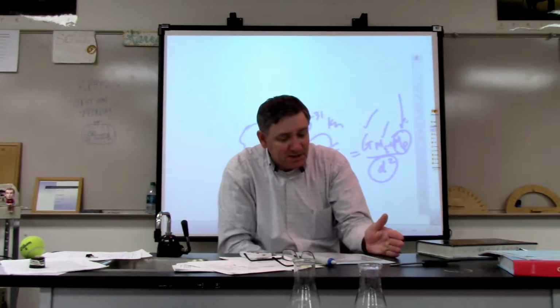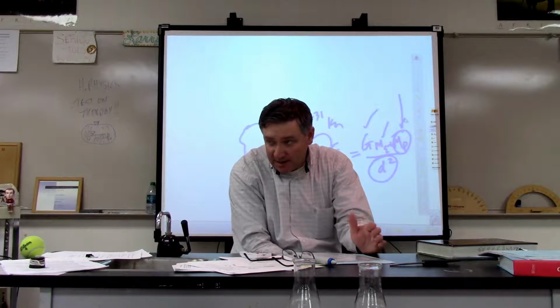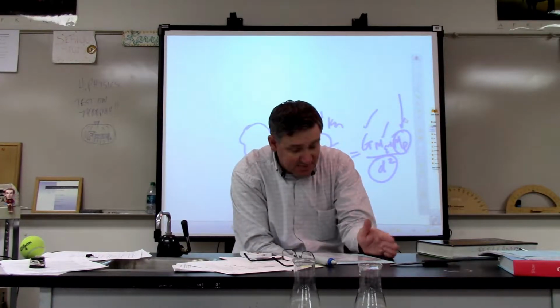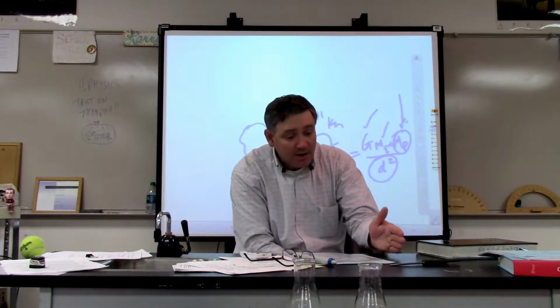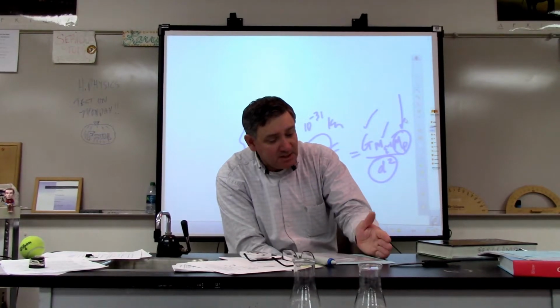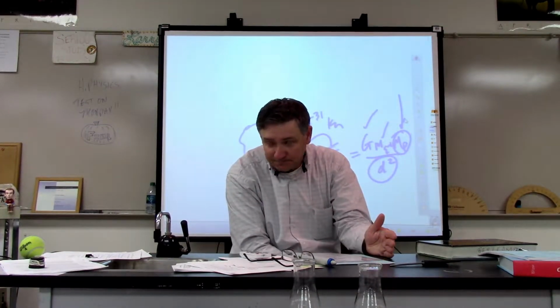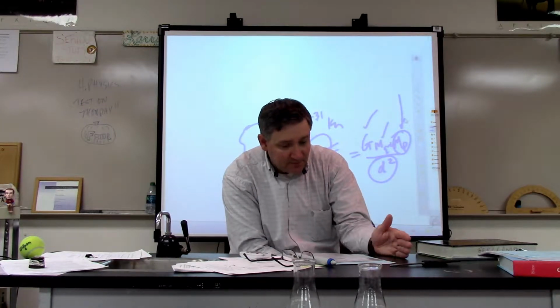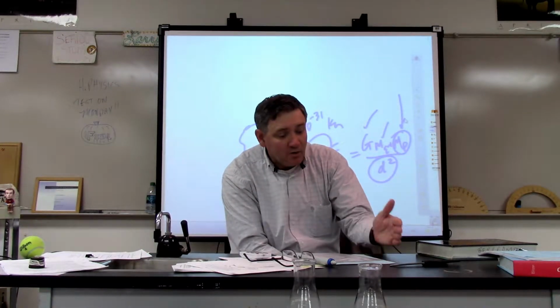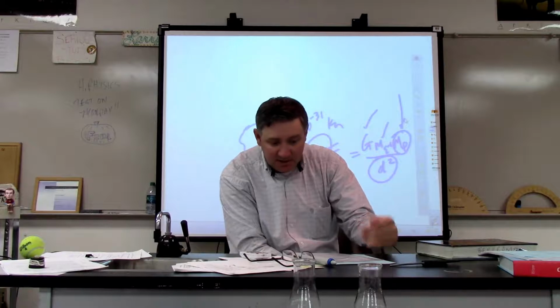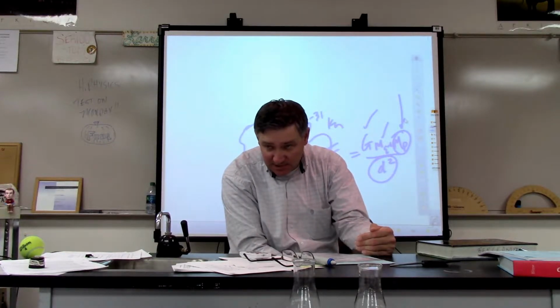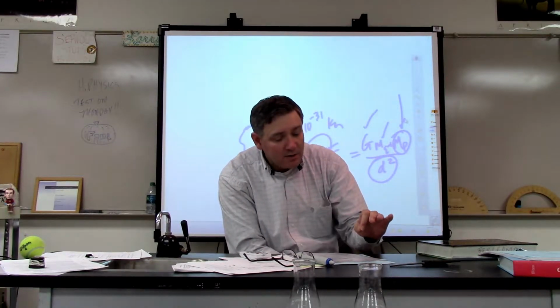On 14, it's the same type of thing. You're finding how far above the Earth the space shuttle is. When you get done with 14, that answer should be something times 10 to the 5th, after you subtract out the radius of the Earth. Now, when you do 15, because you want to find the orbital velocity of the space shuttle, listen to me.